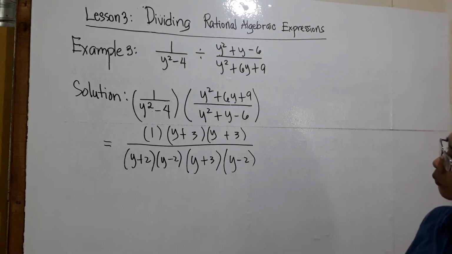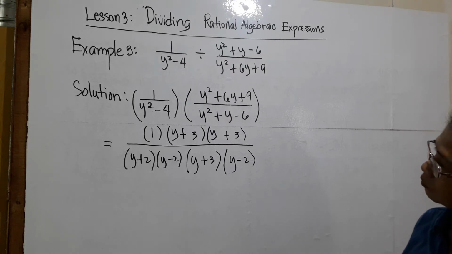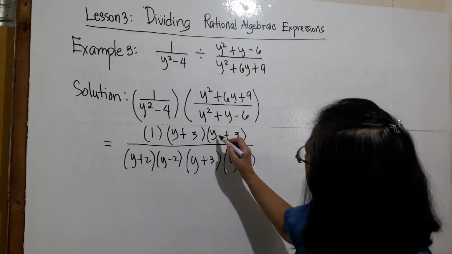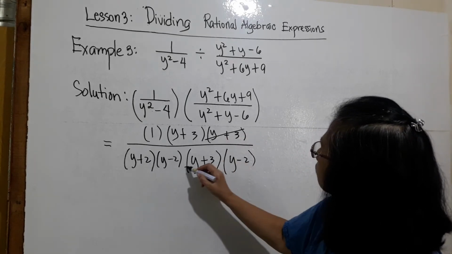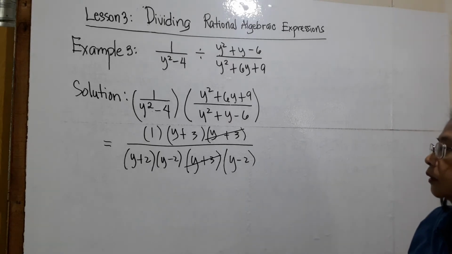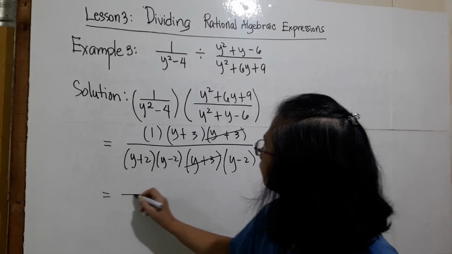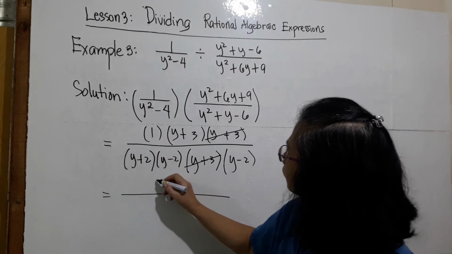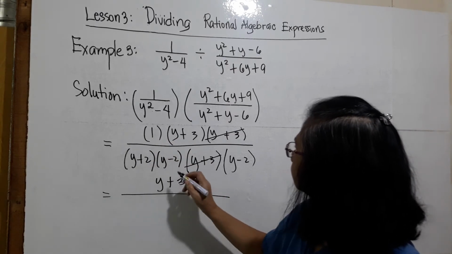Okay, do we have terms to be cancelled? Do we have common factors to be cancelled? I think we have only one pair, one binomial. This one only and this one. What else? No more? So therefore, we can say that 1 times y plus 3, we just write y plus 3.